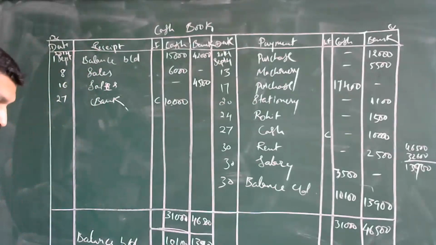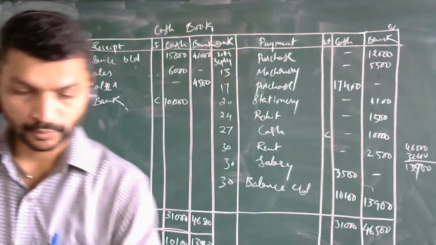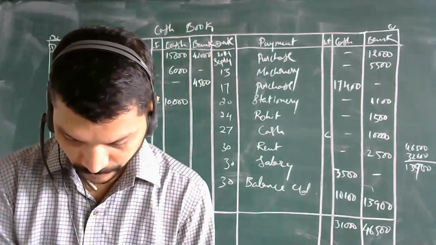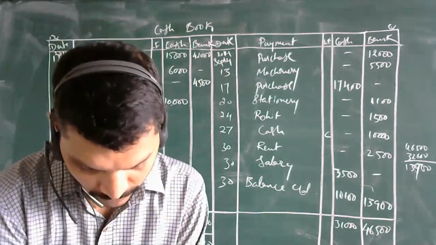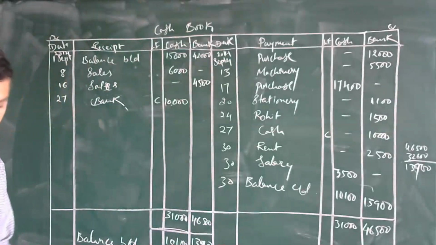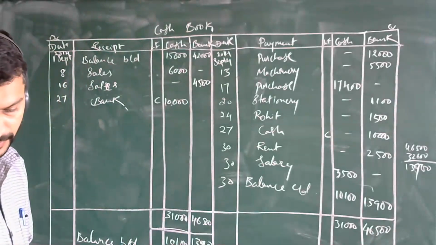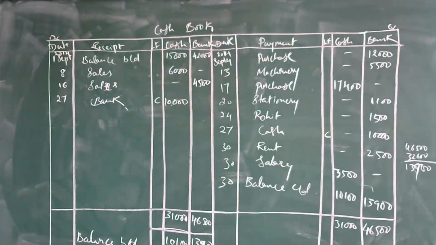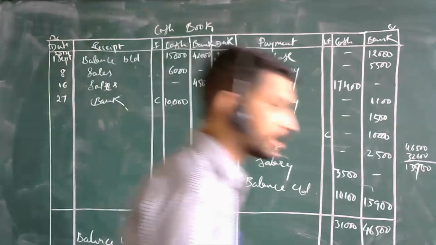One more thing now. Can you all make the journal entries for this? Not the, sorry, not journal entries, ledger postings. Can you all do the ledger posting for this? Seven accounts are there. 7 ledger accounts will be there.